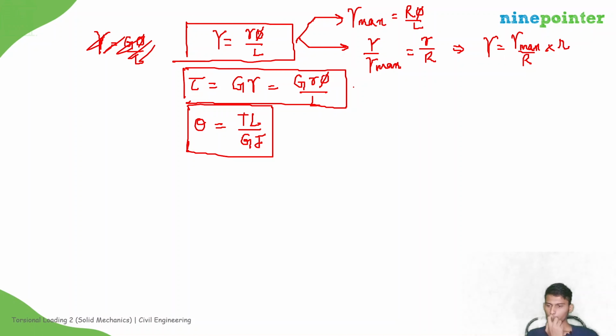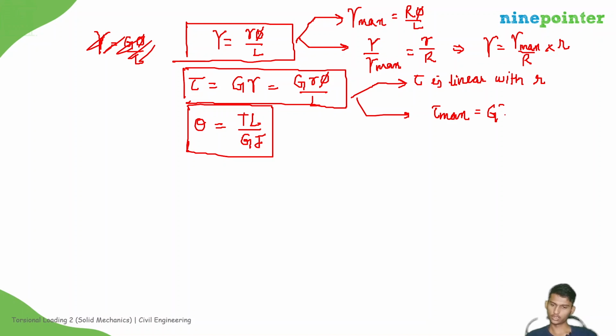Okay, and from this we get that tau is linear with r. Tau max is equal to G gamma max, so that is equal to G capital R phi by L. From this we get phi at x will be equal to Tx divided by G Jx. Okay.